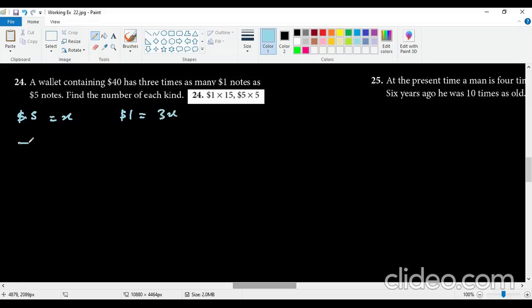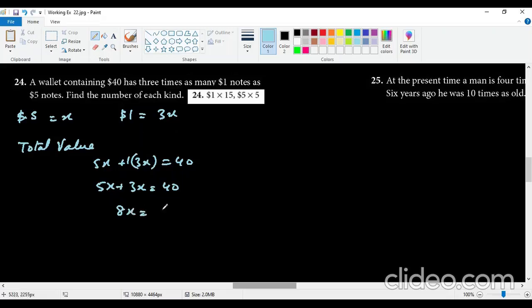So the total value will be equal to 5x plus 3x times 1 equals 40. Now I know very well 5x plus 3x equals 40. That means 8x equals 40. That means x will be equal to 40 divided by 8, which is going to give us 5.